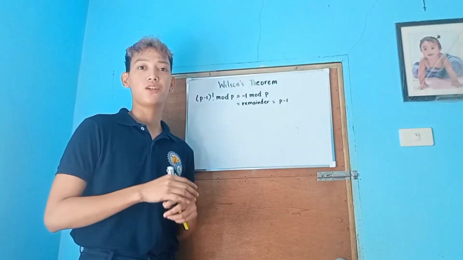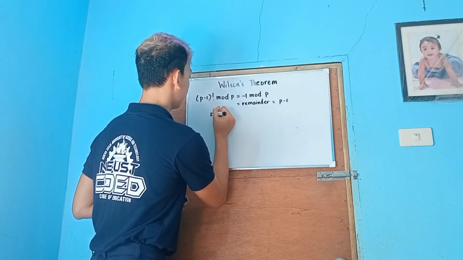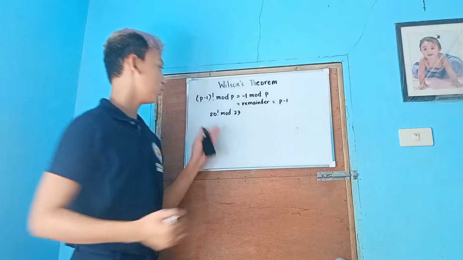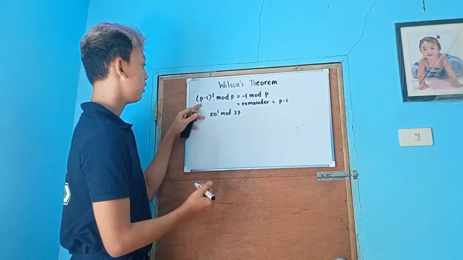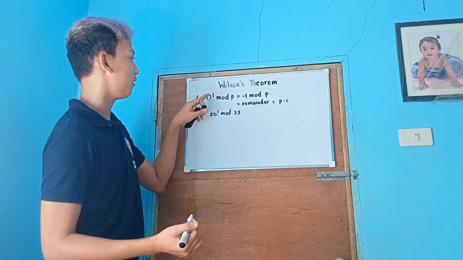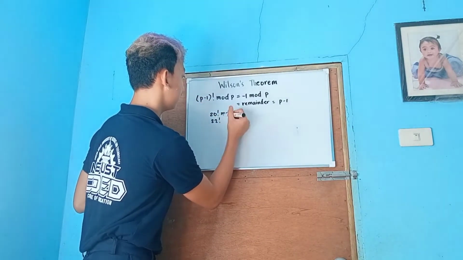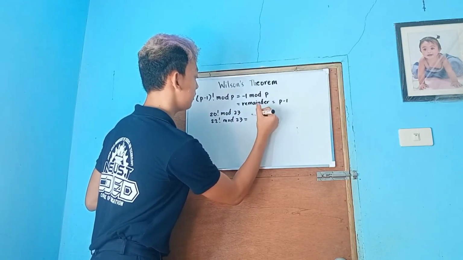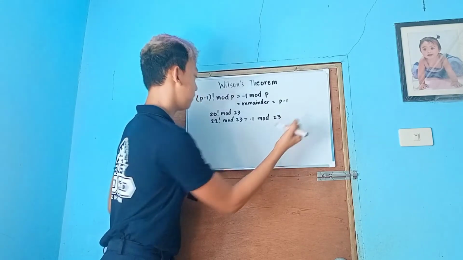Let's proceed to our third and last example. Let's say 20 factorial mod 23. So again, 23 minus 1 factorial is equal to 22 factorial mod 23 equals negative 1 mod 23.